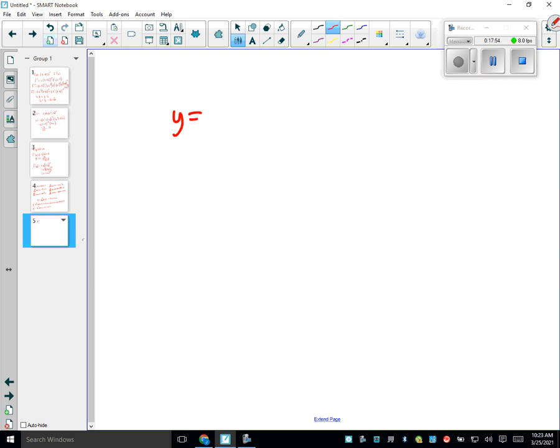y equals tan squared x cubed. Find y prime. Is this tan x cubed squared? You could write out tan x cubed times tan x cubed. Yes, you could. This is harder.